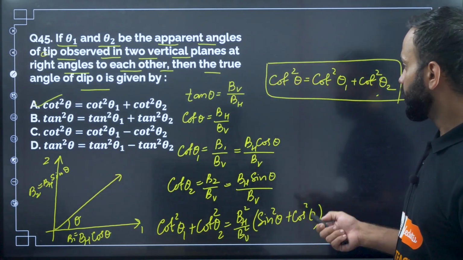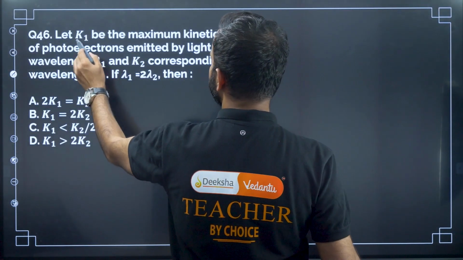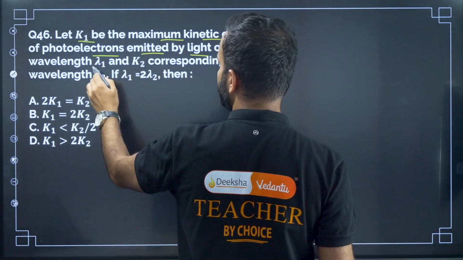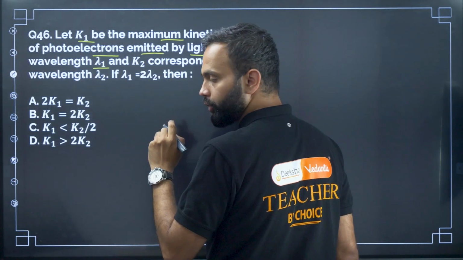Okay. Next question, question number 46. Let K1 and K2 be the maximum kinetic energy of photoelectrons emitted by light of wavelength lambda 1 and lambda 2. Let us write the photoelectric equation.